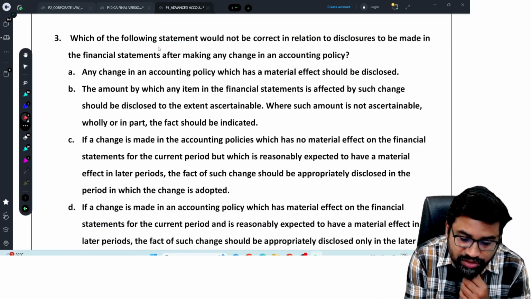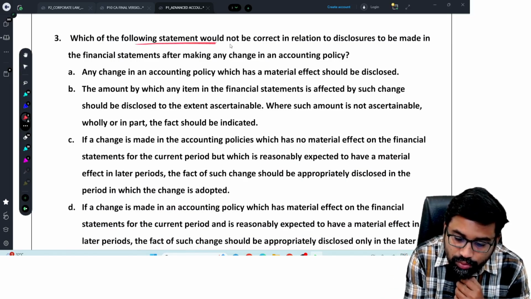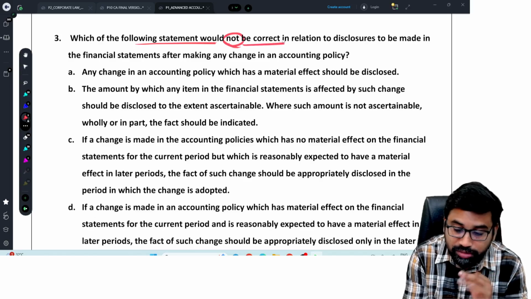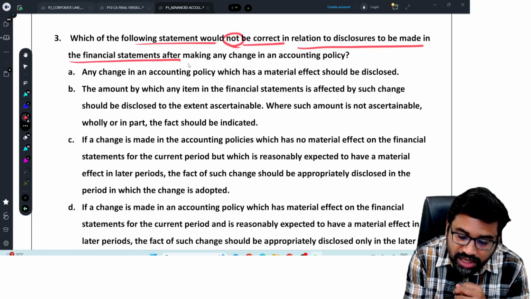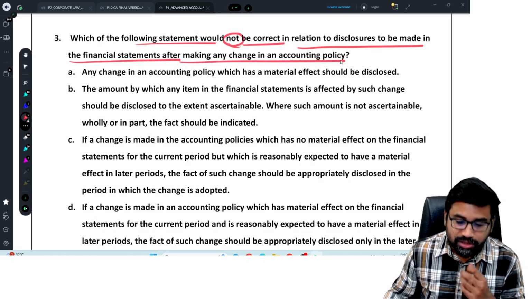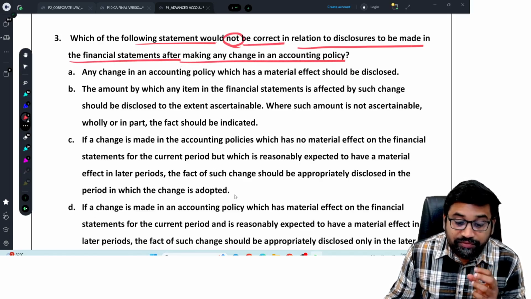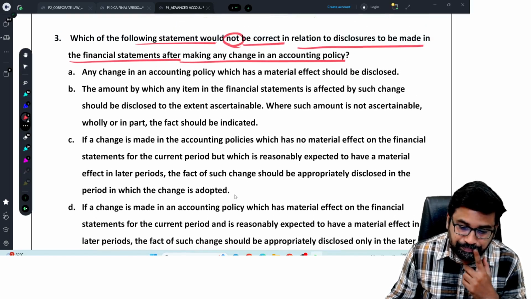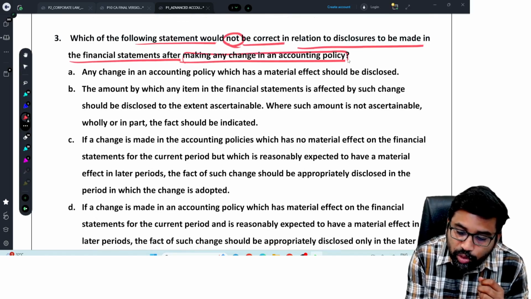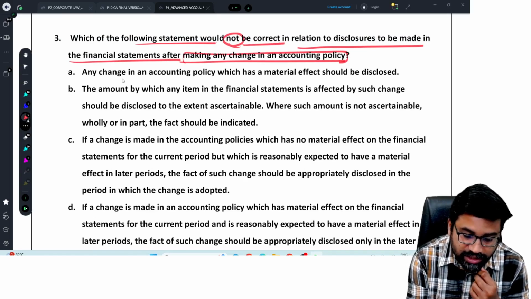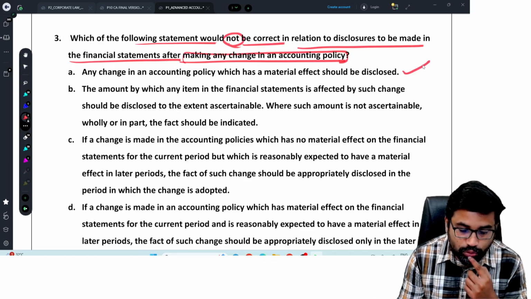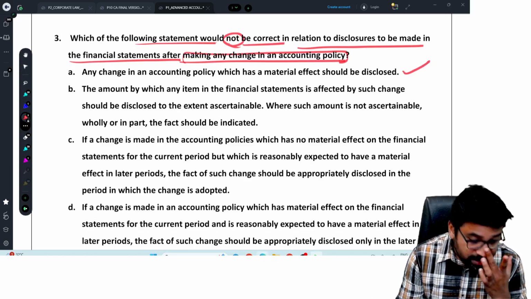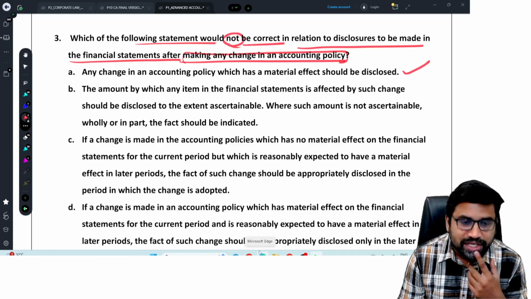Next, which of the following statements would not be correct in relation to disclosures to be made in the financial statements after making any changes in accounting policies? So you have to select the incorrect statement whenever there is a change in accounting policy. First, any change in accounting policy which has a material effect should be disclosed. Correct.